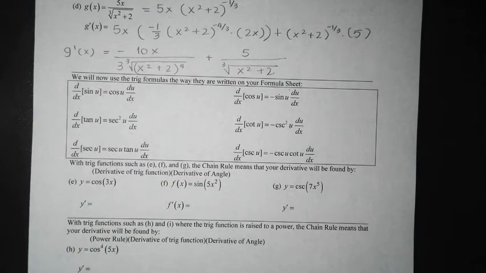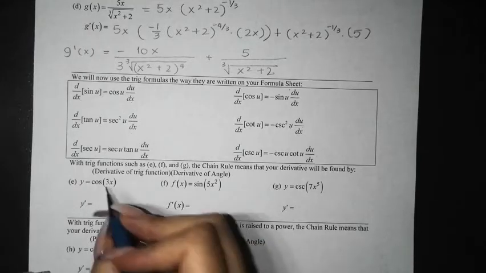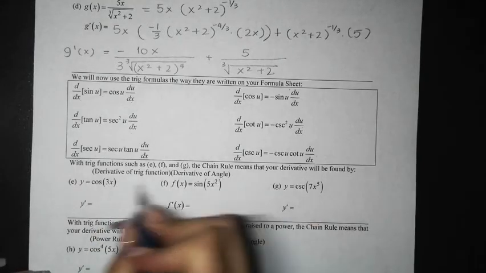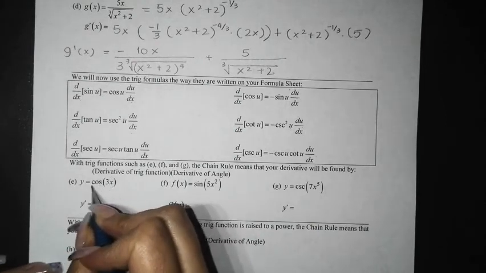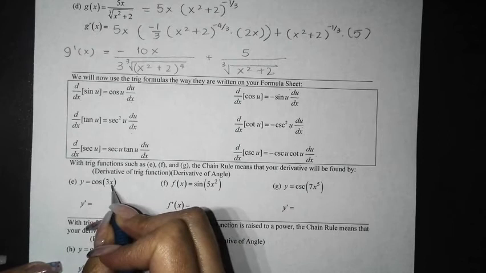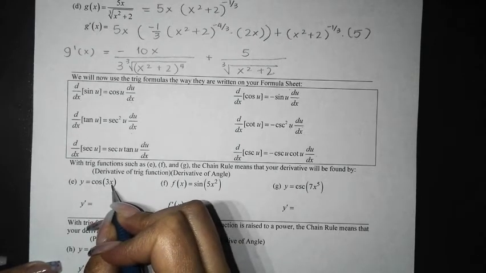With trig functions, the chain rule means that your derivative will be found by the derivative of the trig function, times the derivative of the angle, whatever you have here. So you have y equals cosine of 3x. So what's going to be that?